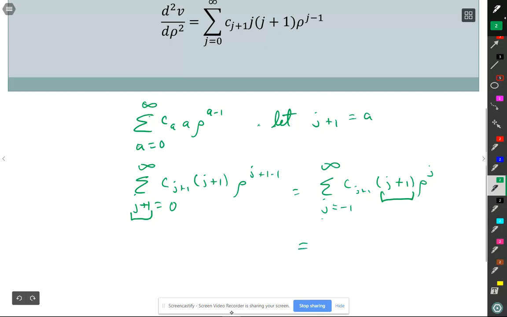It's equal to c sub 0 times minus 1 plus 1 times rho to the minus 1, plus the sum j equals 0 to infinity.